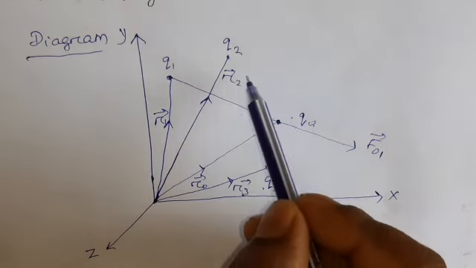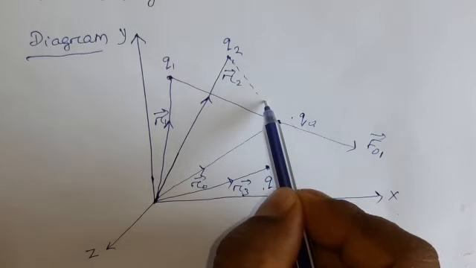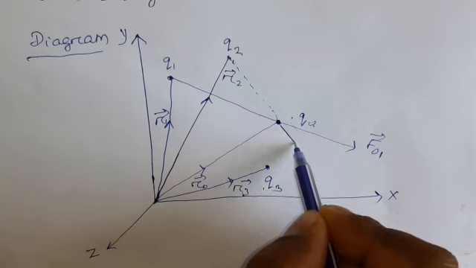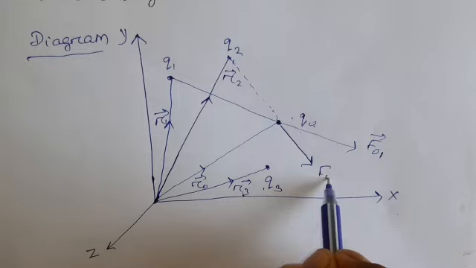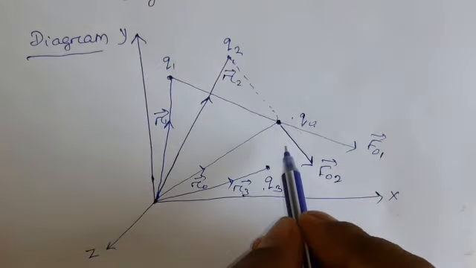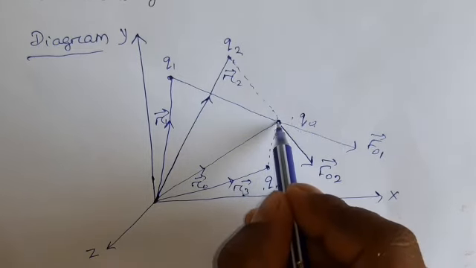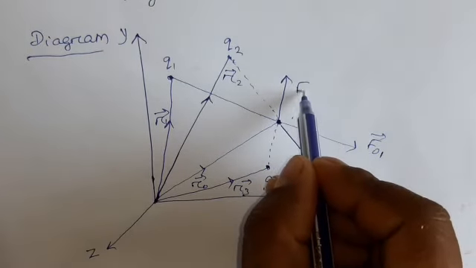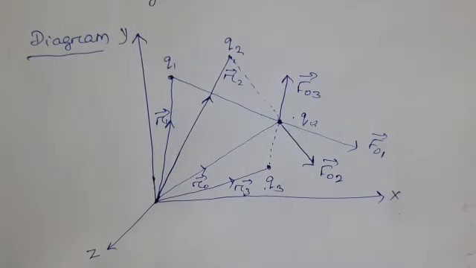And similarly I will draw the direction of force on Q naught due to Q2. This is the direction of force on Q naught due to Q2. And similarly this is the direction of force on Q naught due to Q3. These are the 3 forces.